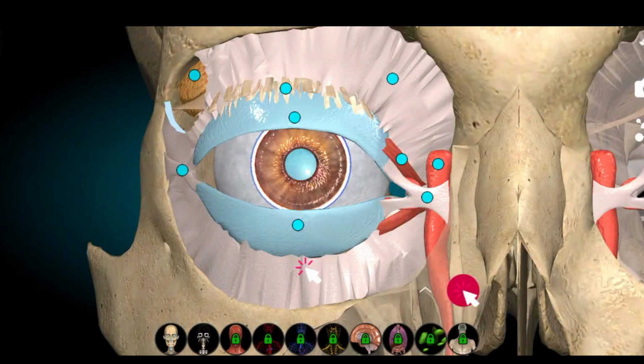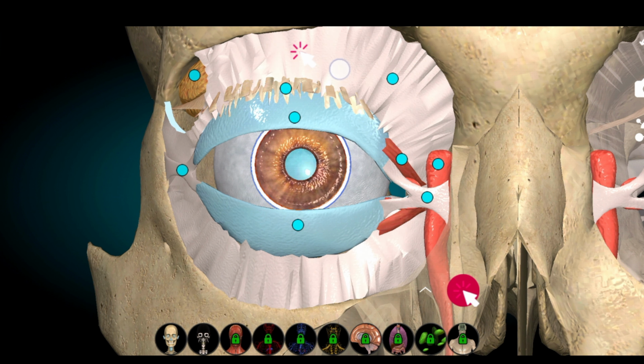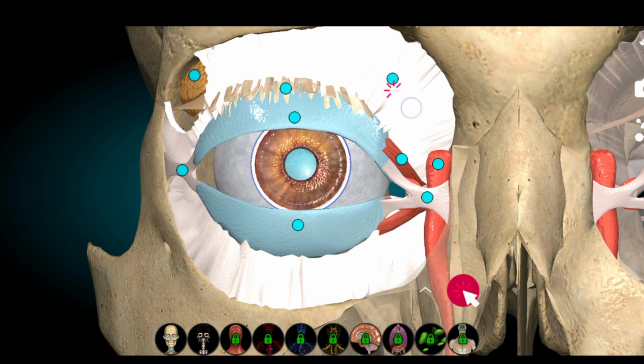It is a thin fibrous membrane that serves as a barrier between the superficial eyelid and the orbit. Similarly, this is the barrier between the lower eyelid and the orbit.